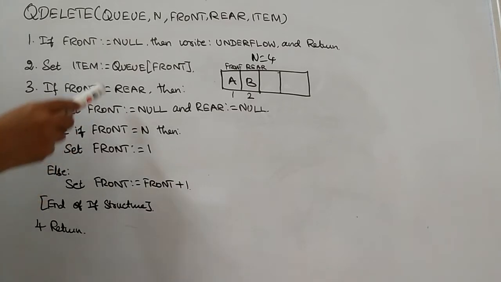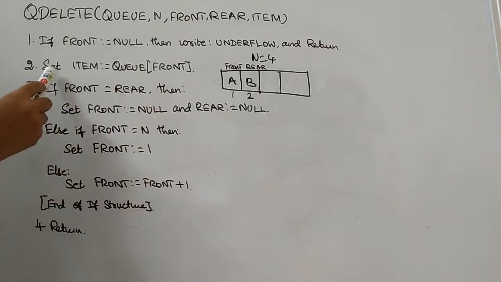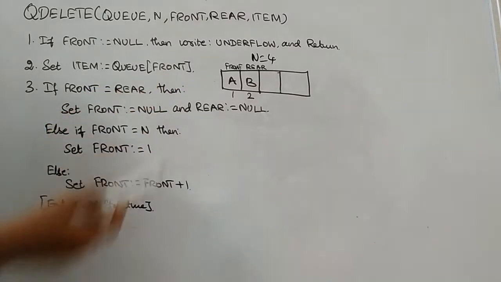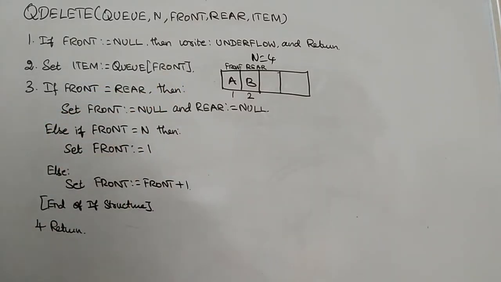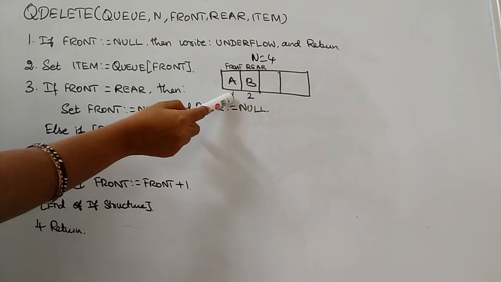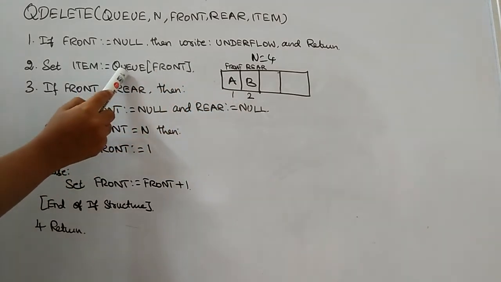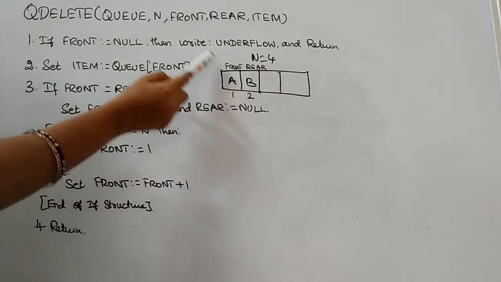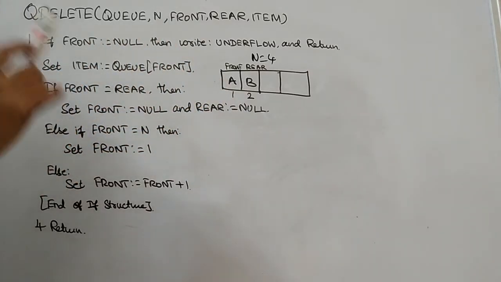In the same way, here also we first retrieve the data. That's why here I have written set item colon equal to queue of front. So queue of front means, what's the value of front here? 1. That means queue of 1 refers to A. So A will get stored in item.